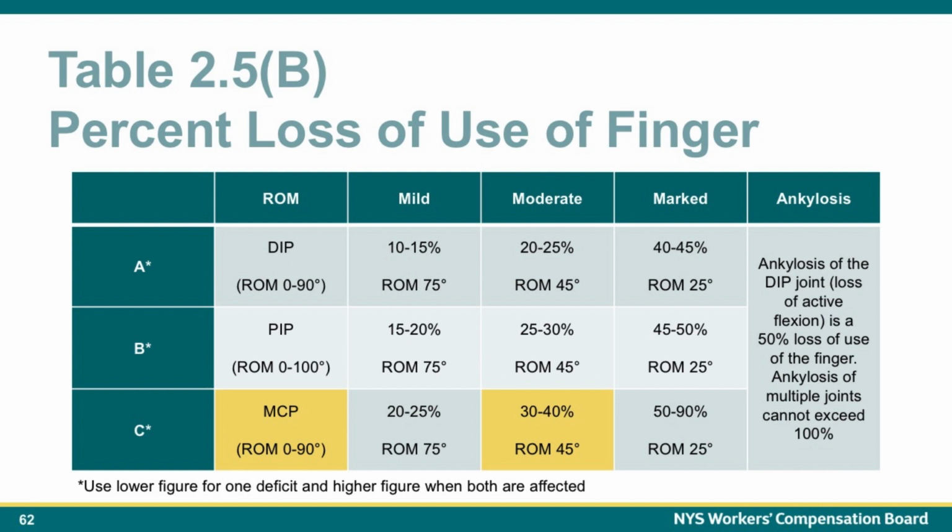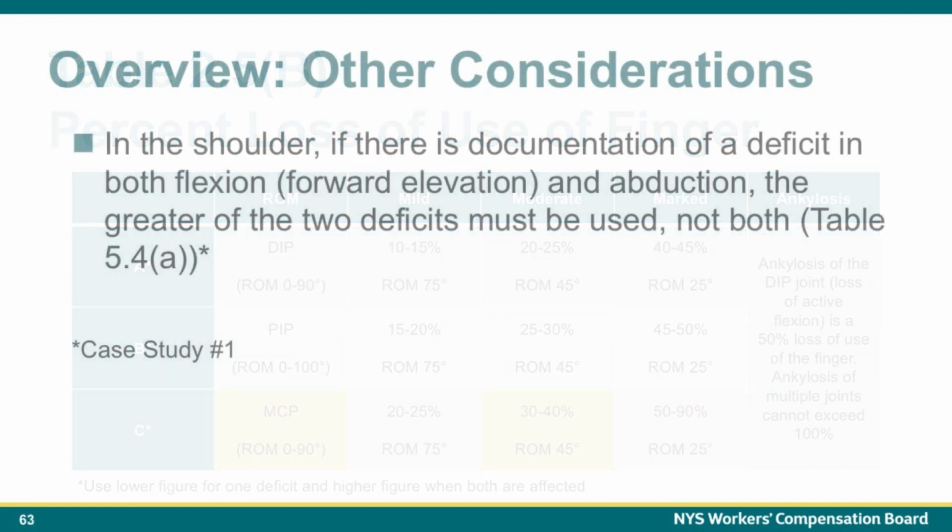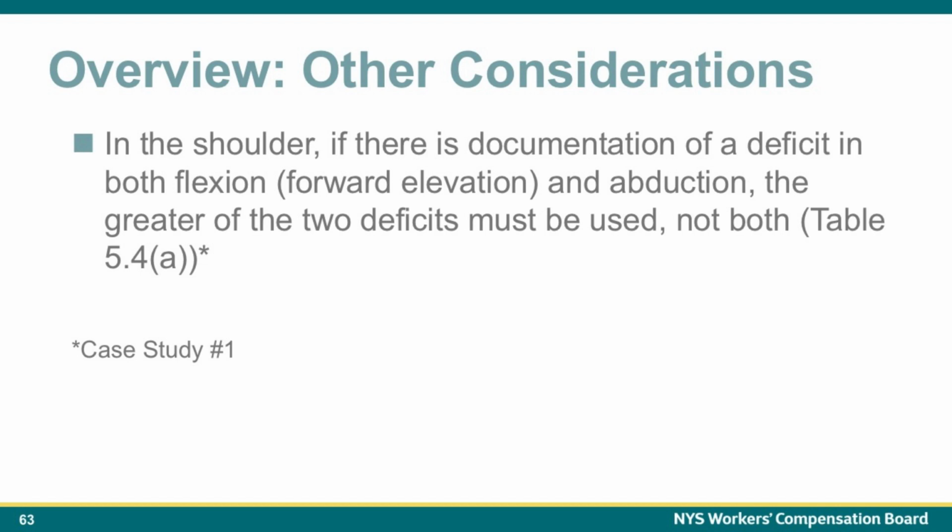If there was a deficit in both flexion and extension, the SLU would be 40%. Another important change in the use of ROM for determining SLU is in the determination of the shoulder SLU. In the shoulder, if there is a deficit in both flexion and abduction, the greater of the two deficits must be used in the SLU calculation, not both.